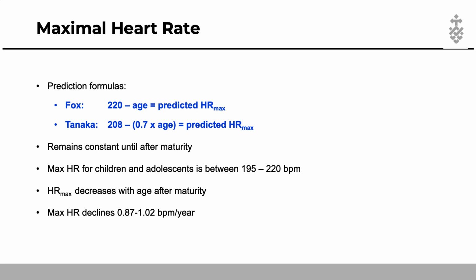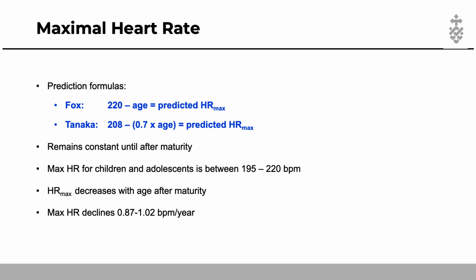So we can use some different formulas to estimate or predict our maximal heart rate. You've probably all heard of the Fox formula before, which is 220 minus your age equals your predicted heart rate max. There's also the Tanaka formula, a little bit more complicated. It's thought that this formula is a little bit more accurate.